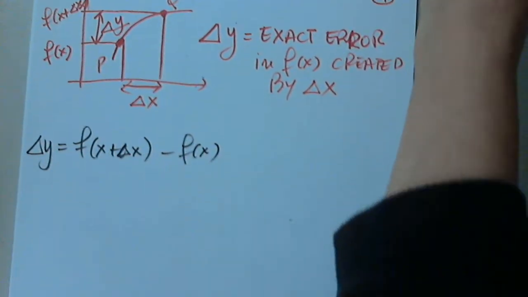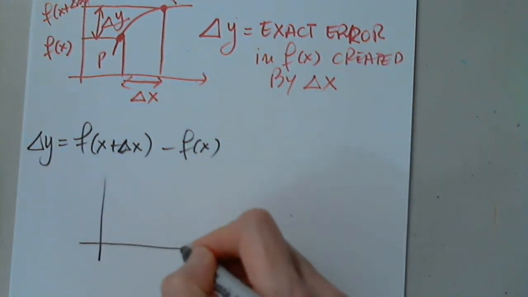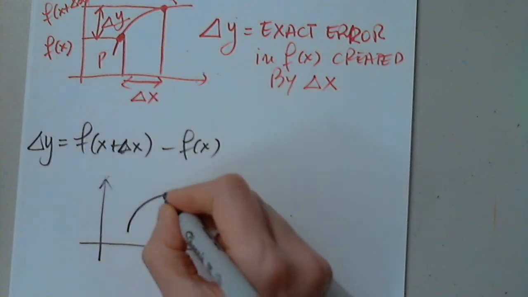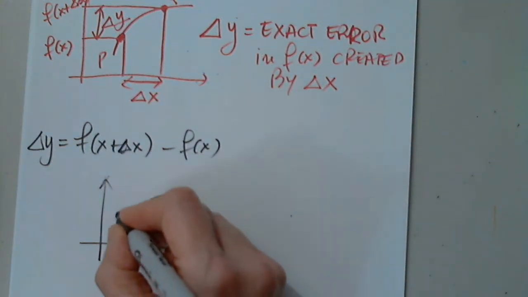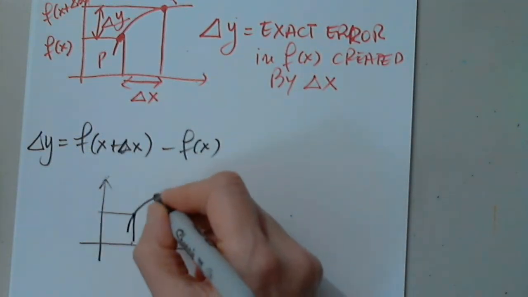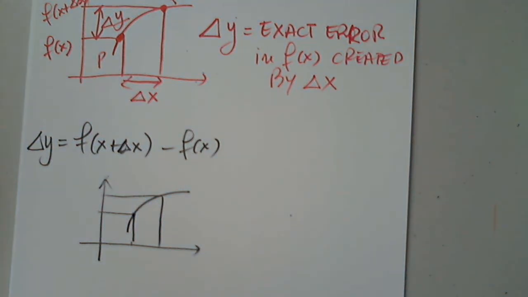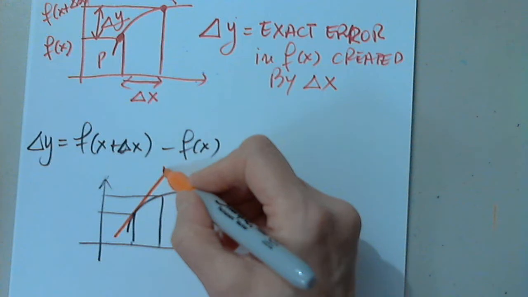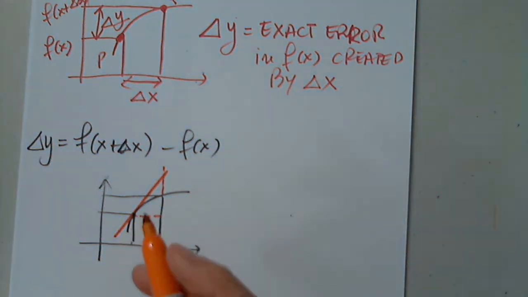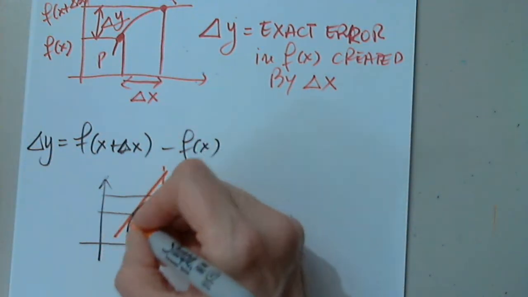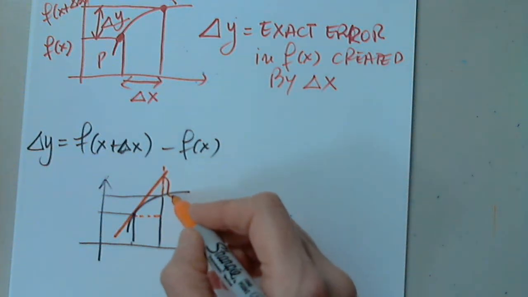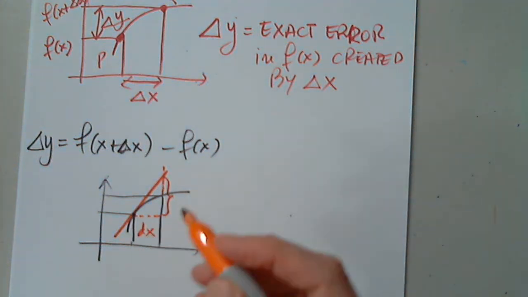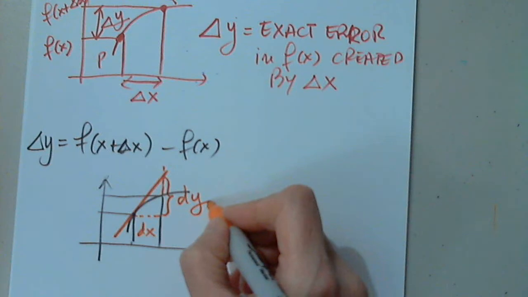Now, if I use the same thing, I just copy. If I'm using the slope of the tangent line, then this is dx, and this is dy.